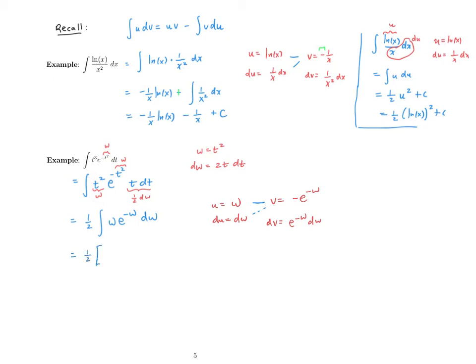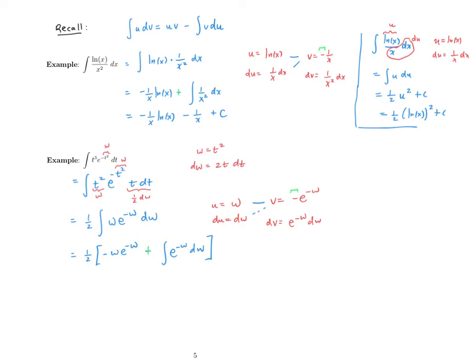Then uv would be minus w e to the minus w. And we're subtracting away the integral of v du. So that would be a minus e to the minus w dw. And once again, if we pull that minus sign out front, it turns the minus which is there into a plus.